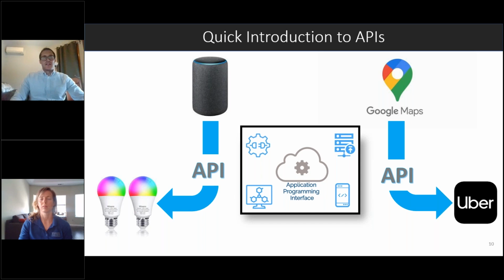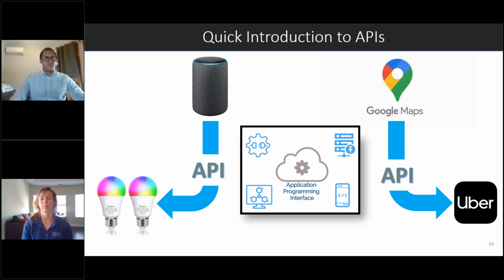So you can tell your Alexa to change the color of those light bulbs, turn them on and off, even though they are different disparate systems, not by the same manufacturer. APIs enabled that communication.